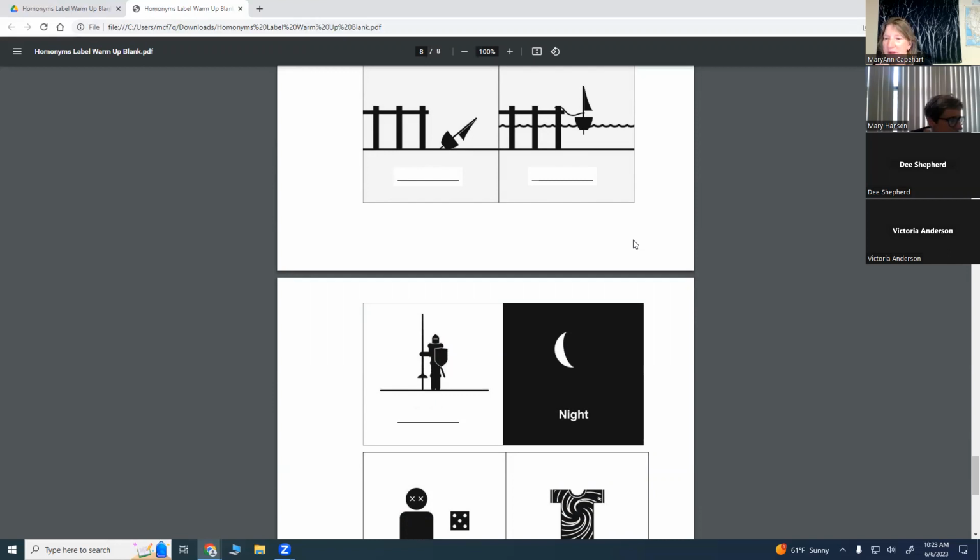We got night already down there, but this one, the boat, why is it leaning over? What's the second one, maybe? Start with that one. Boat. Oh, tide. Tied, it's tied up.